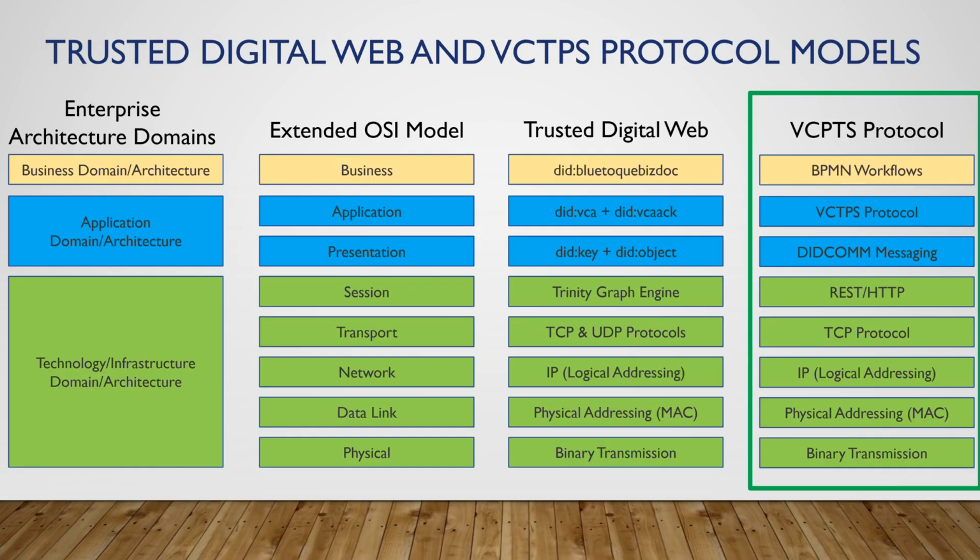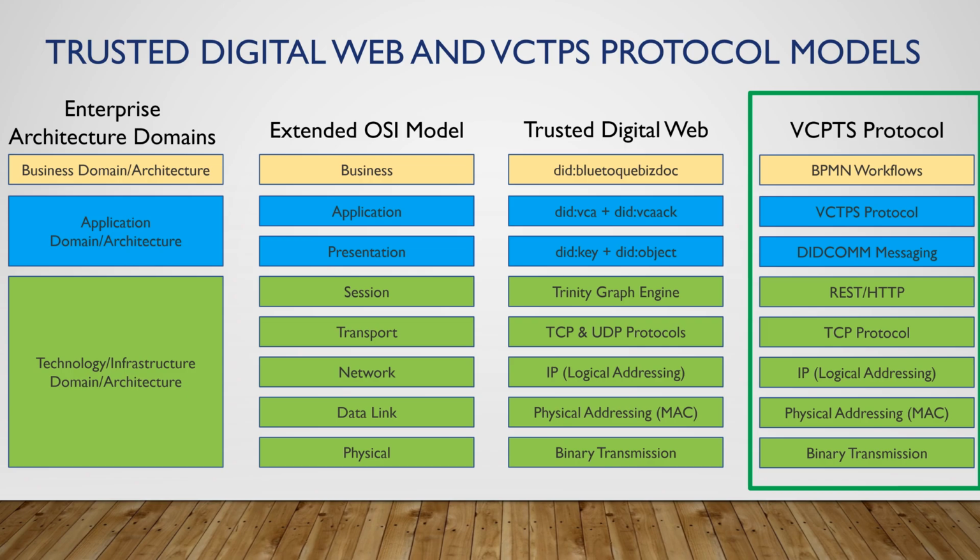I've tried to map the VCTPS DIDCOMM protocol to the OSI model, and you see that here on the right. So the green represents the technology infrastructure domain of the architectural reference model. The blue represents the application layer, and the top yellow layer represents the business domain.